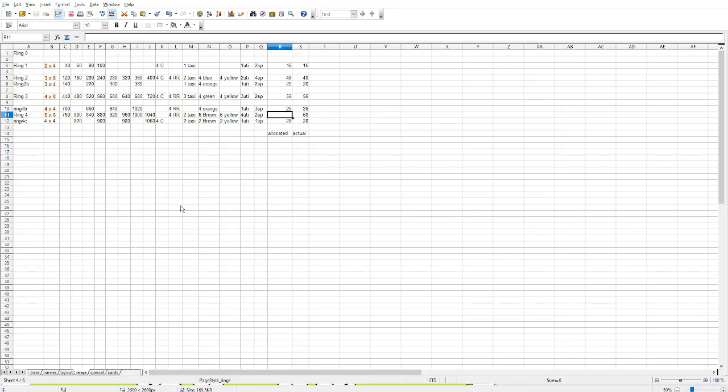Add 4 railroads, that ups it to 44. 2 taxis is 46. 6 brown spaces is 52. 6 yellow spaces is 58. 2 special spaces is 60. And then 4 utilities is 64.